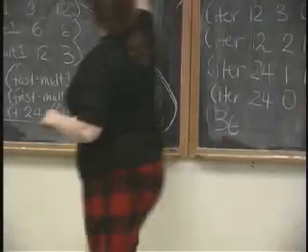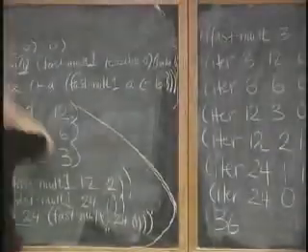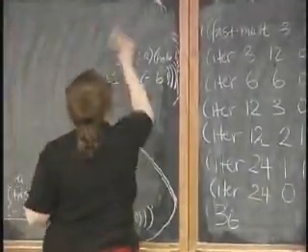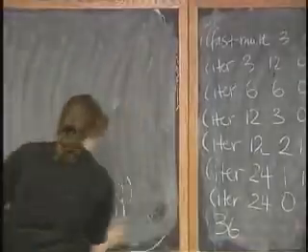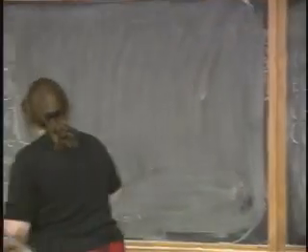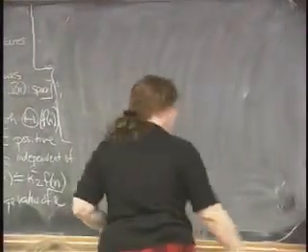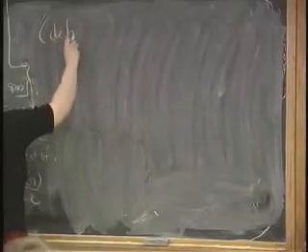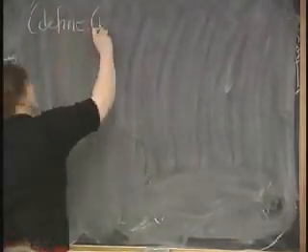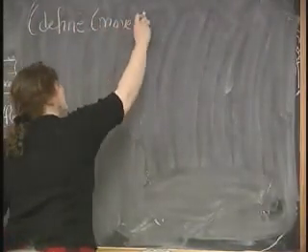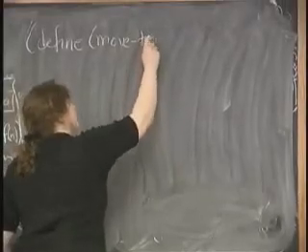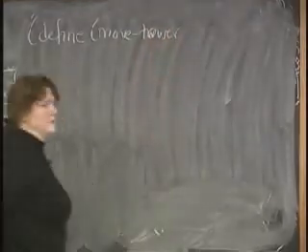Let's write a program to compute the towers of Hanoi. Alrighty, let's define a procedure called move tower, which is going to take 4 arguments.